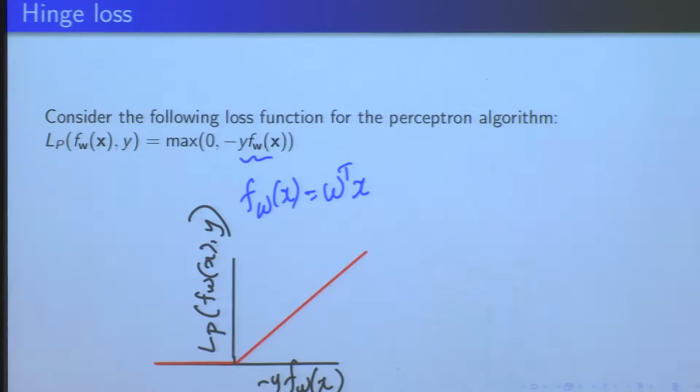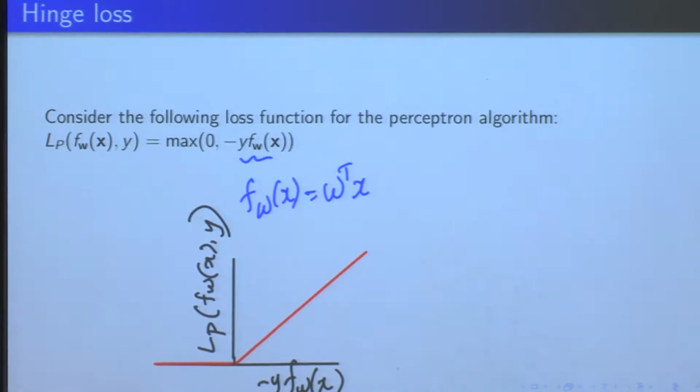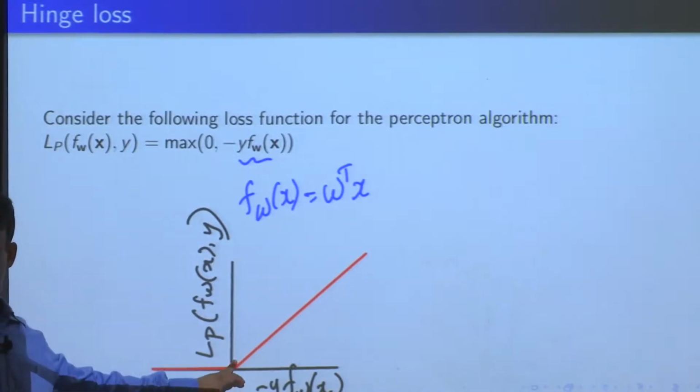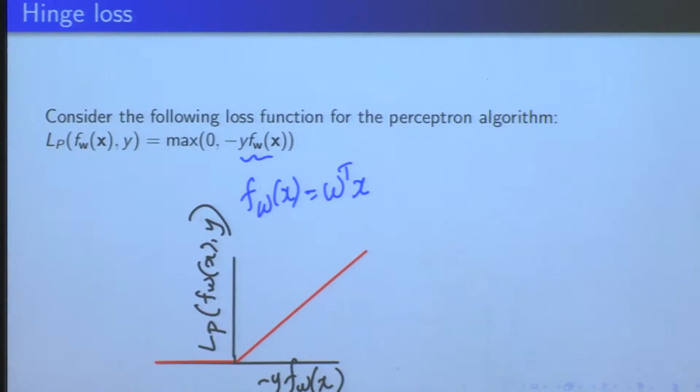The loss becomes non-zero only when minus y f(w,x) is non-negative, right? So there is this kink here. It is continuous but not differentiable.